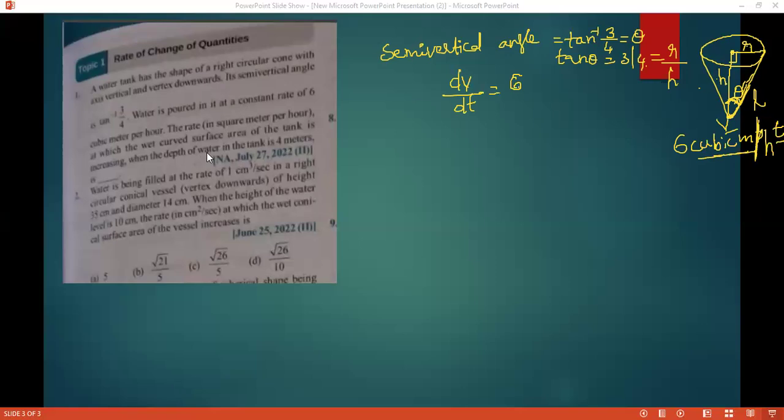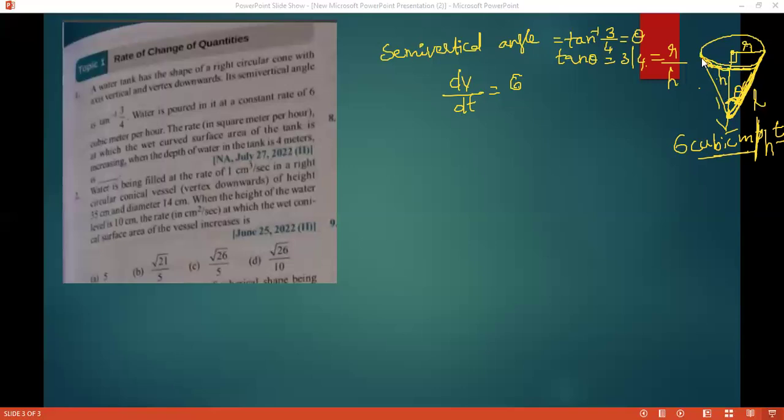And then next, you observe the next part of the sentence. The rate in square meter per hour at which the wet curved surface area of the tank is increasing. So the rate at which the wet curved surface area of the tank, they are asking this total thing, right? This part, I will shade it.